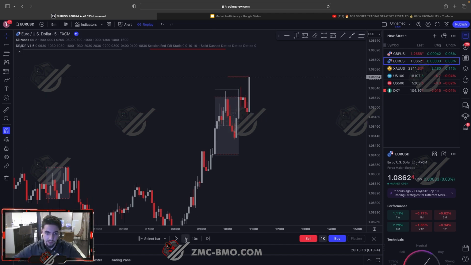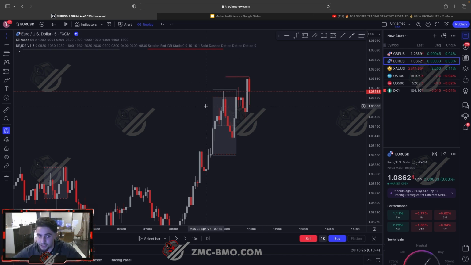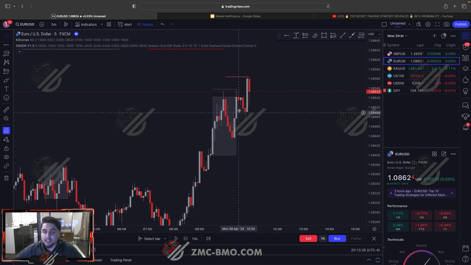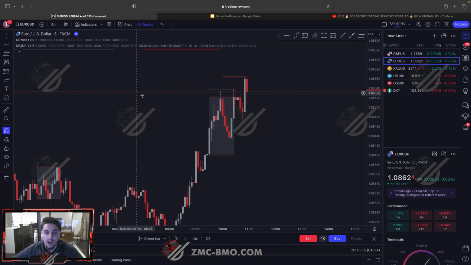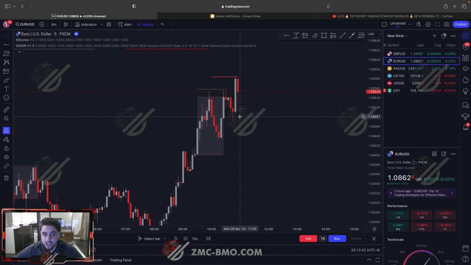So if we continue to play price, what does it end up doing? Price ends up closing bullish outside of our defining range. Now that price has closed bullish outside our defining range, we look for areas to buy from, right? Great. So what do I see personally? I see that price has created this form of liquidity just above this area of demand, which aligns with the midpoint of the defining range.